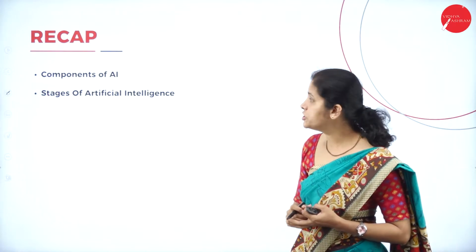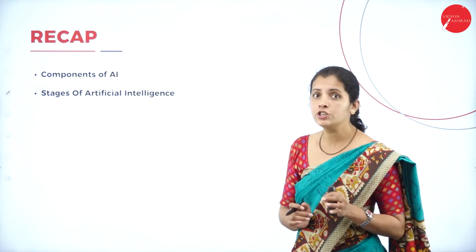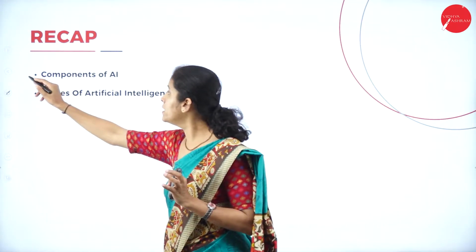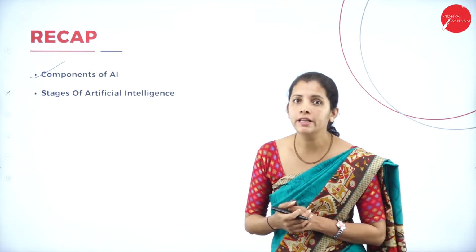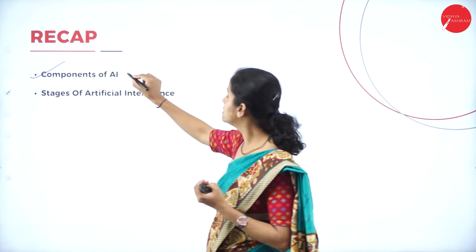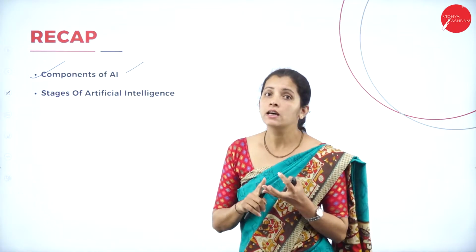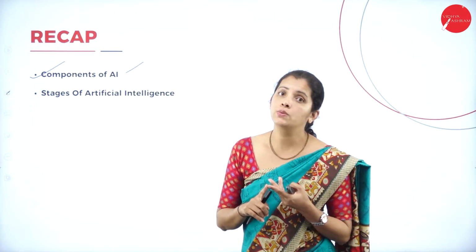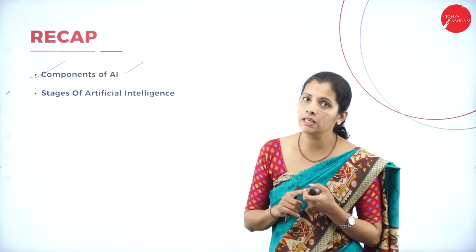Before starting today's session, let me recall what I covered in my last session. In my last session of this chapter, I discussed the components of artificial intelligence. And what are the components we studied? That is learning, reasoning, problem solving, perception, as well as linguistic intelligence.